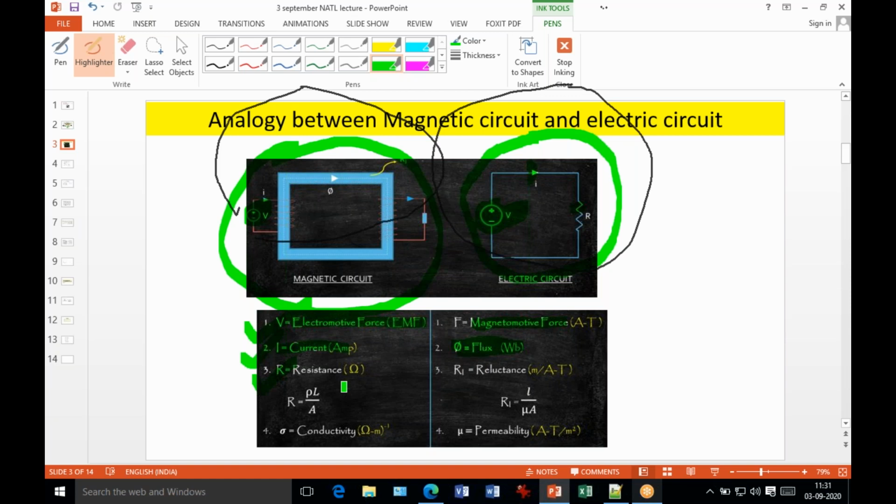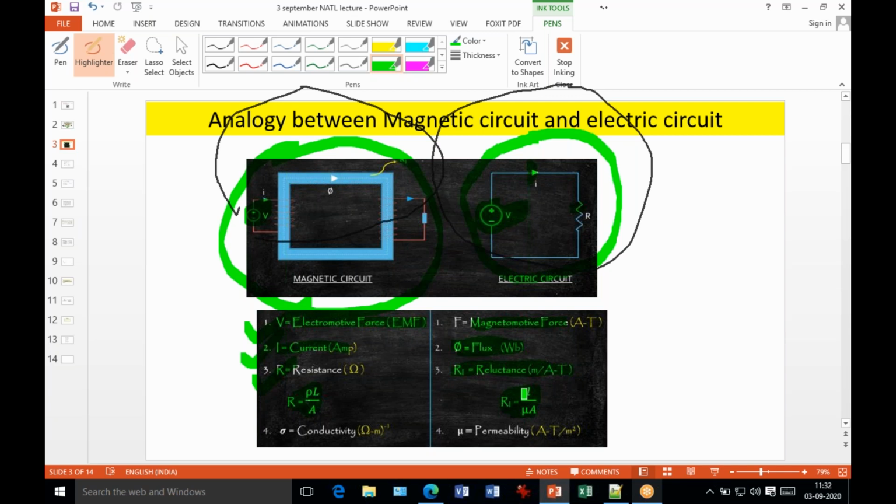Resistance opposes the flow of current, whatever the current in your circuit. But in the magnetic circuit, the resistance role is played by the reluctance. Here no resistance, but its role is played by the reluctance. The resistance formula is rho L by A, and the reluctance formula is L divided by mu A. So this is a small similarity.